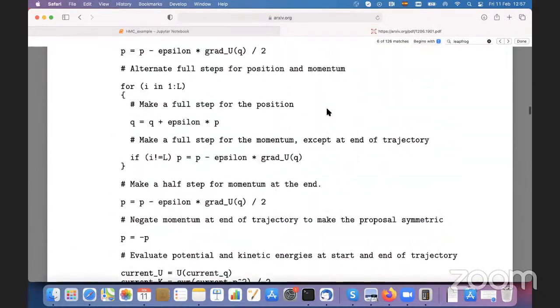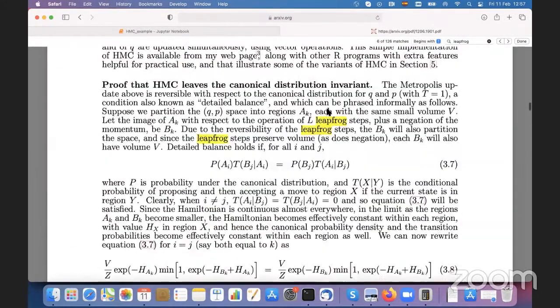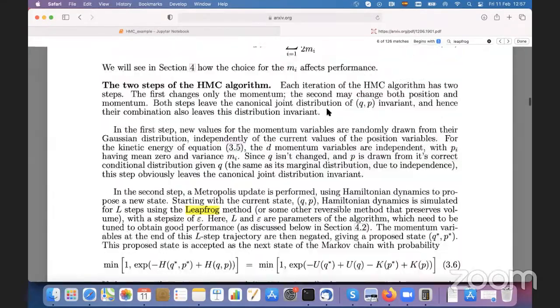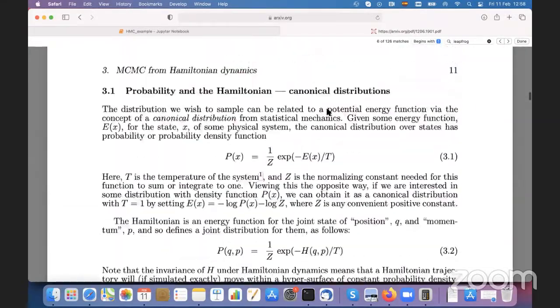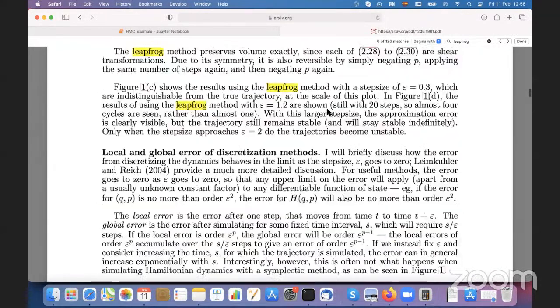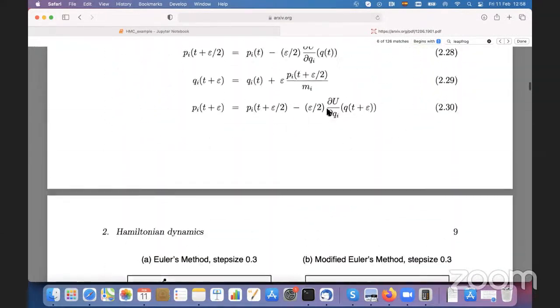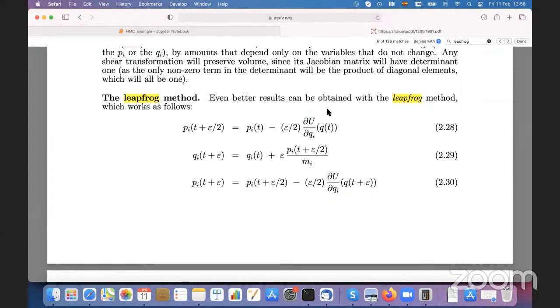So let me go back to the leapfrog equation. In practice, people just use one parameter, not one mass for every component, but only one parameter.